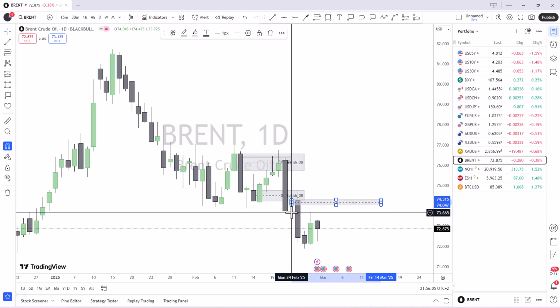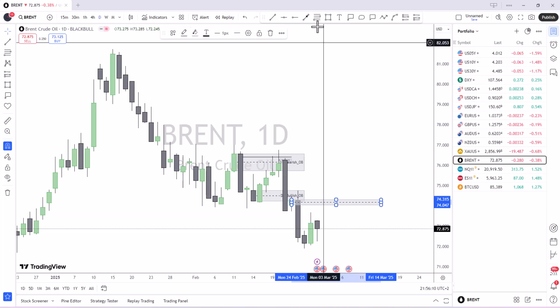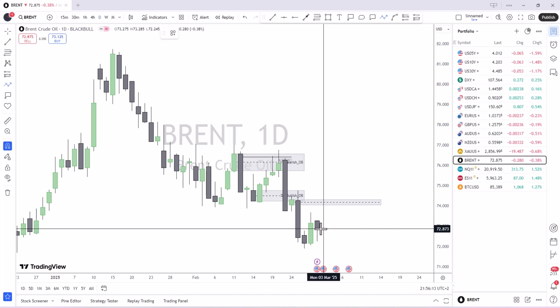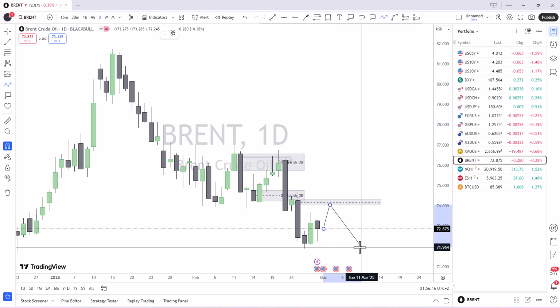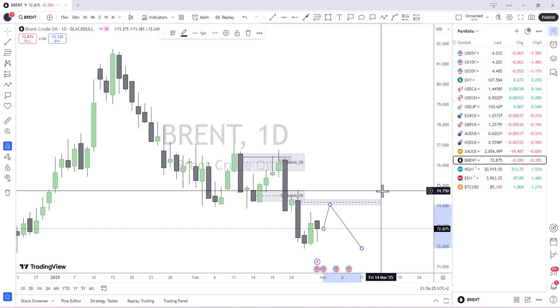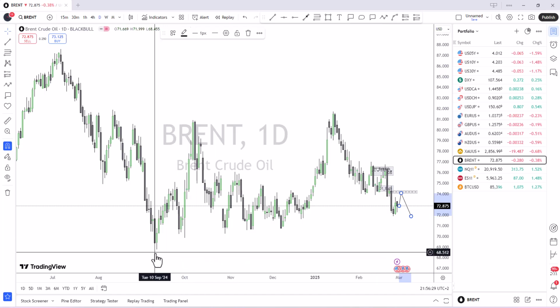The imbalance has been filled. So you're looking for the precious liquid to trade into premium before a push to the downside, heading towards $71 a barrel, and ultimately $65 a barrel, somewhere around 68.